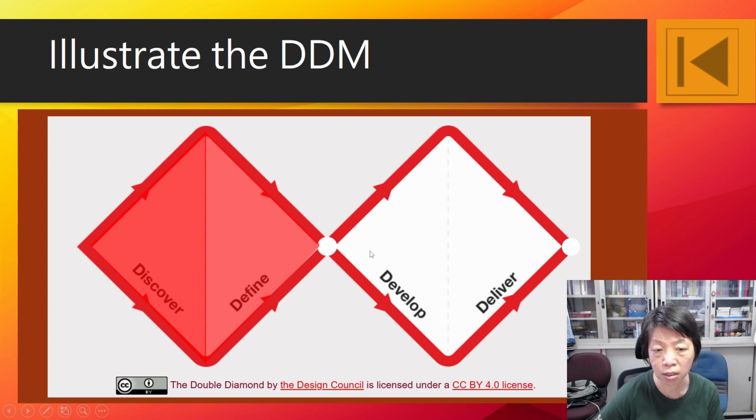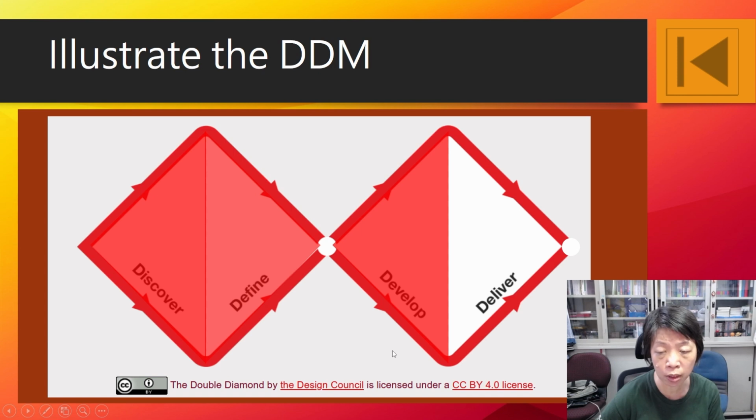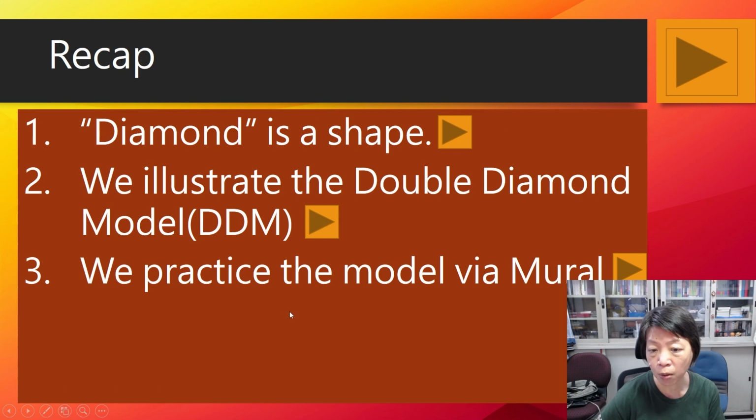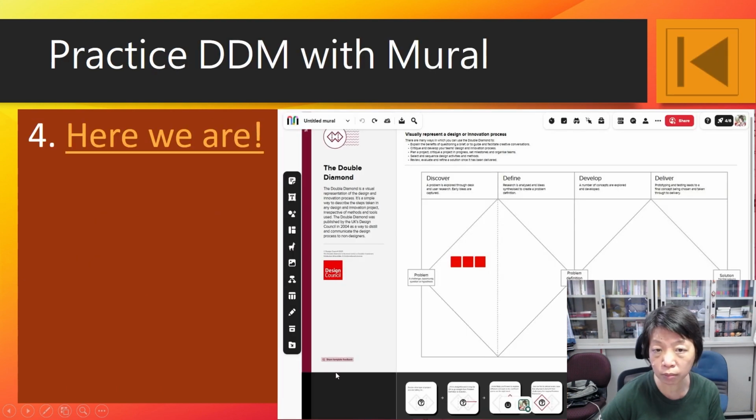And then in the next stage, the second diamond, we try to solve the problem. So in the develop phase, we try to find all possible solutions. So it's a divergent process. And then in the deliver phase, we try to find the best solution. And then finally, when we got the solution, we deliver it. Okay. And the third part, we practiced the model via Miro.